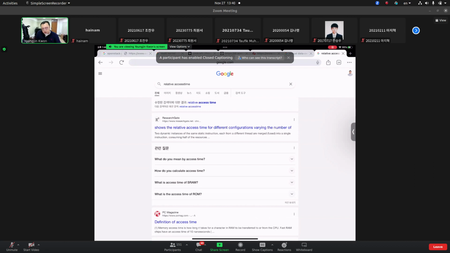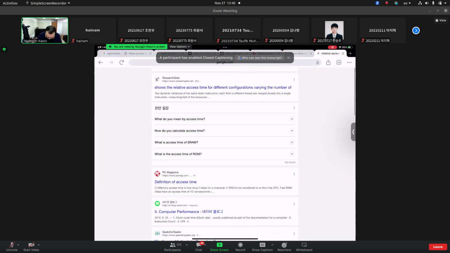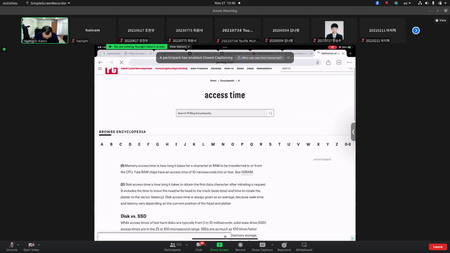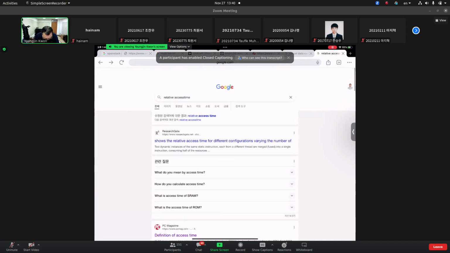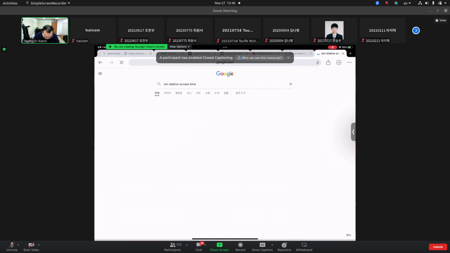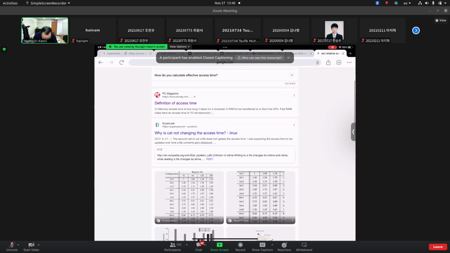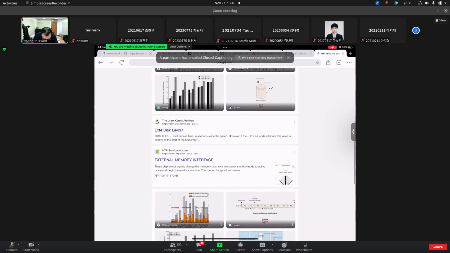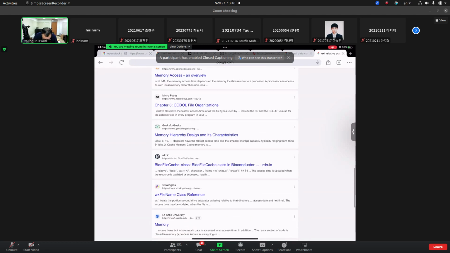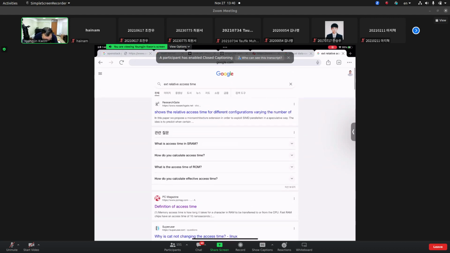Current operating systems updating the access time every time you access a file is really slow, so they support different options as well. The file system provides some optimization, namely relative access time.